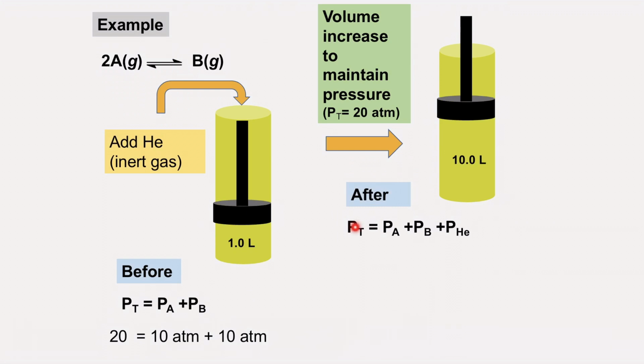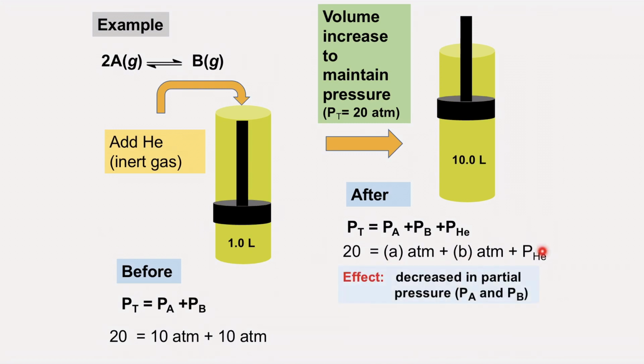So now, since the total partial pressure is still 20 atm, that means what will happen to the partial pressure of your gas A and B? That means gas A and B, their partial pressure will decrease. Betul tak? Kan? Okay, boleh faham kan?